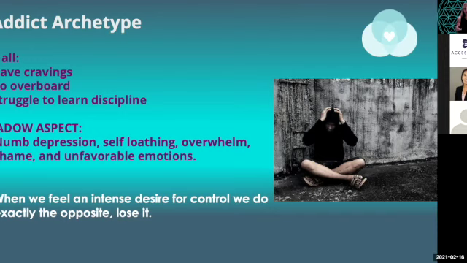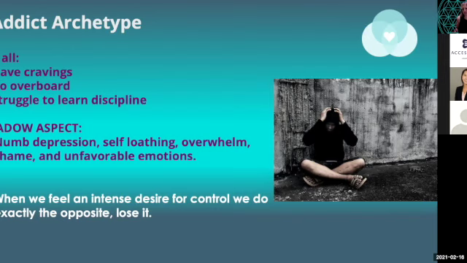And then when we go into the cycle next week, that'll help us understand it a little more. But we all have cravings, right? Whether you identify as an alcoholic, an addict of any sort or not, as a human being, we have cravings. And most of us have probably gone overboard at some time, right? Maybe it was the holidays, we overate.